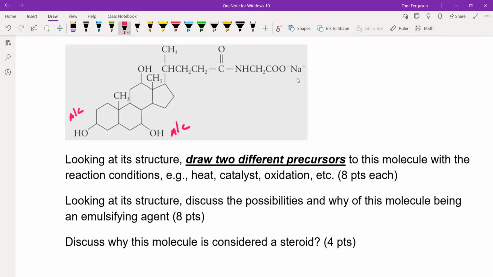So to make an alcohol, the precursor would be this giant thing from an alkene. So the alkene can be, you know, like here, or there, or there, or there. What else do we have here? We have an amide. We also have an acid salt.